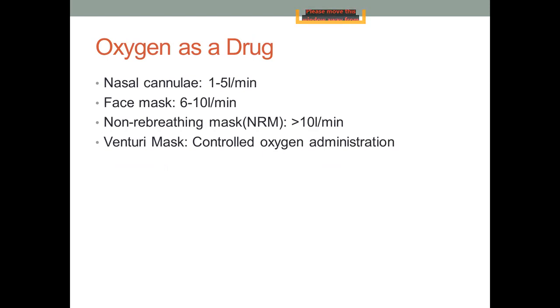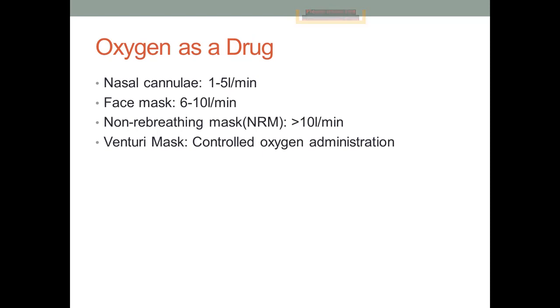This is not the good way, because oxygen is a drug and oxygen should be prescribed on the treatment chart. The dose of oxygen should be mentioned and the way that this oxygen should be administered to the patient.